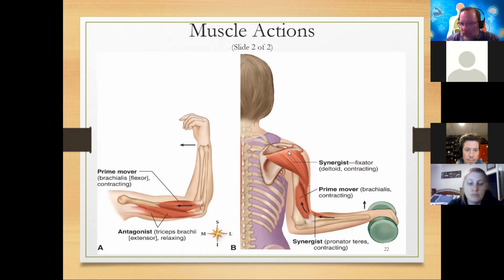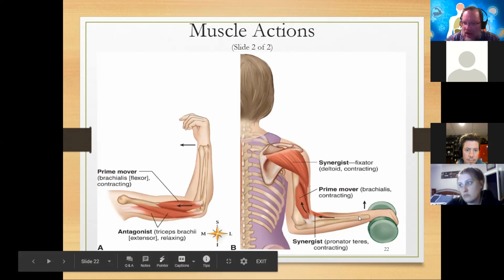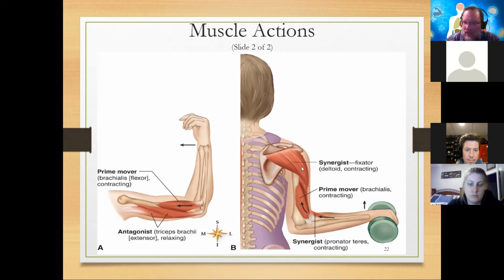So basically what this synergist is doing on the proximal area, it's fixating or stabilizing the humerus. So when the brachialis contracts or shortens, we don't compromise the shoulder joint. So this deltoid can kind of stabilize the whole shoulder compartment.